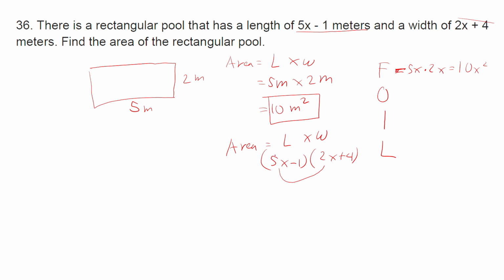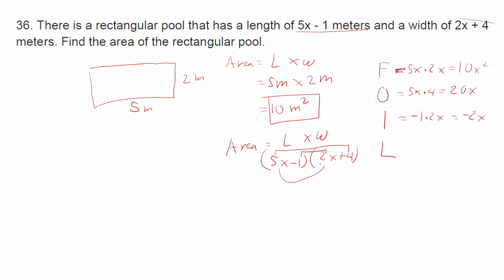Outer term, we have 5x times 4, and that is 20x. Inner term, we have negative 1 times 2x, and that is negative 2x.